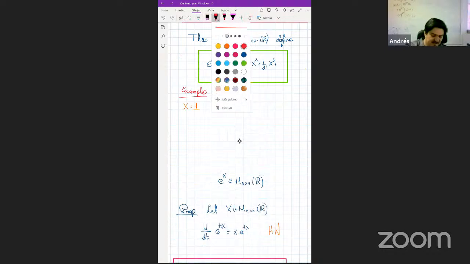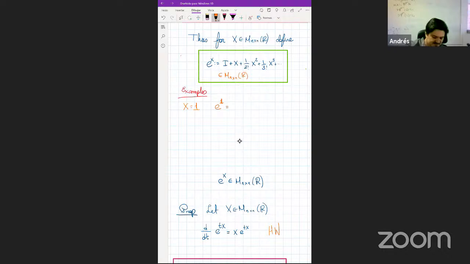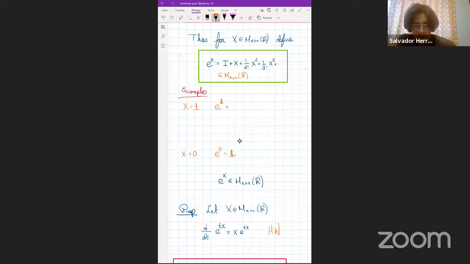What can you say about it? You already told me e to the 0 is the identity matrix. That's correct. Now, do we have a nice expression when X is the identity matrix? We should, given that the trace is n.